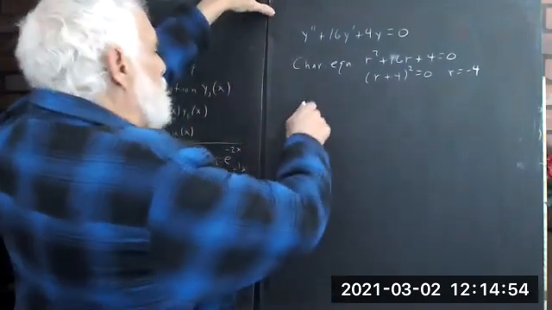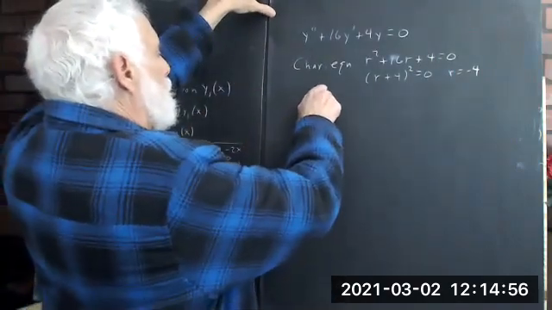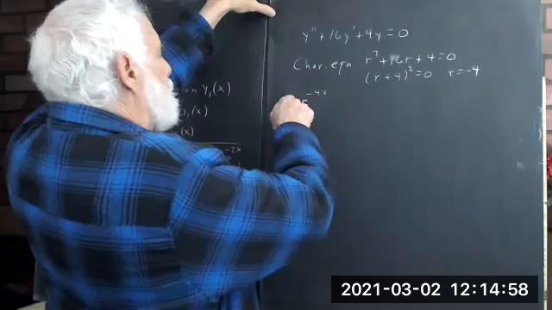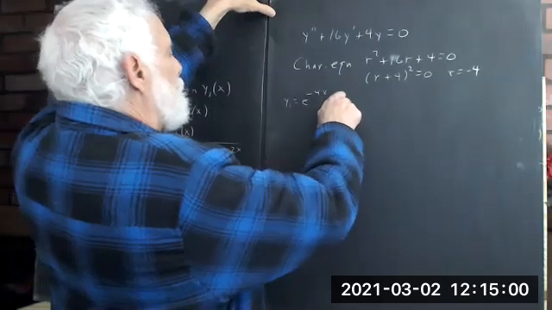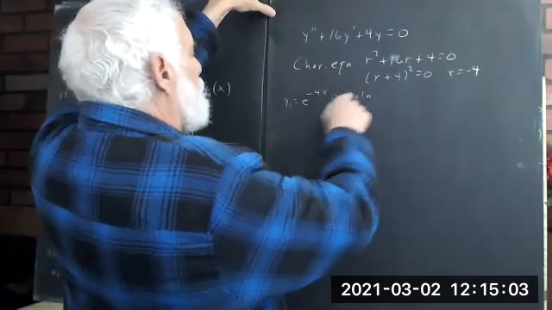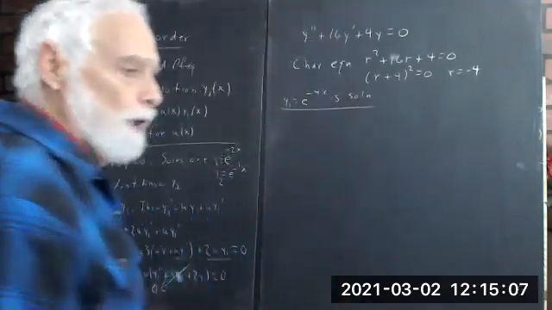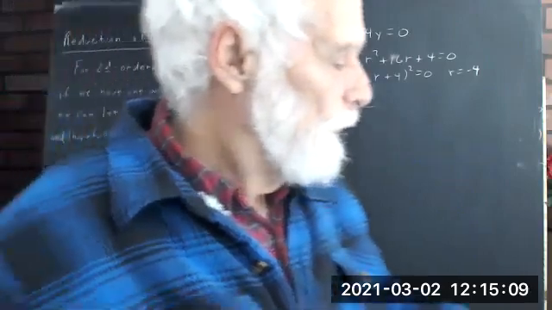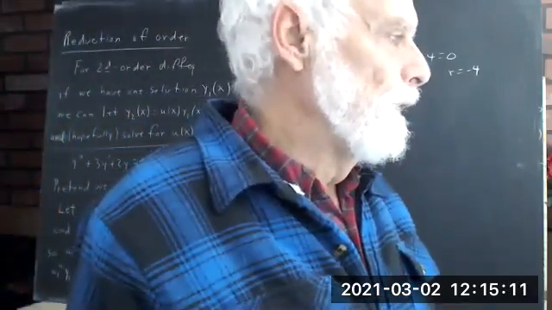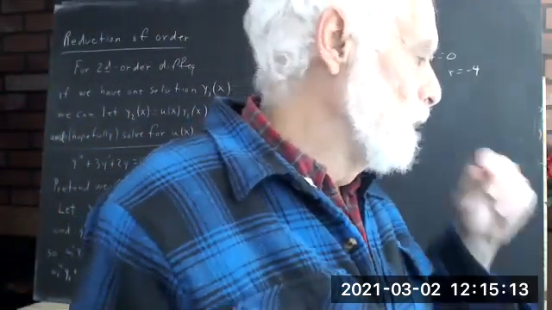So we know that e to the -4x is one solution. We know since it's a second order equation, you've got to have two linearly independent solutions, two solutions whose Wronskian is non-zero.